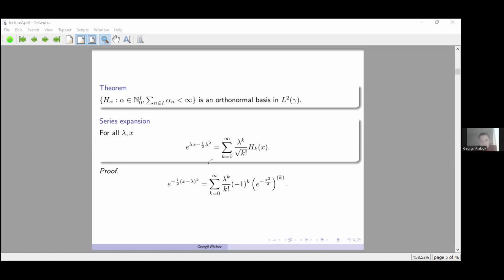This expansion can be obtained from the following. So take the exponent minus 1/2 x minus lambda squared, and write its Taylor series around x.